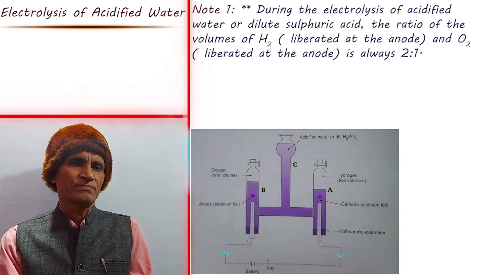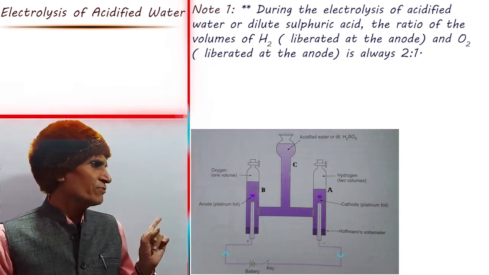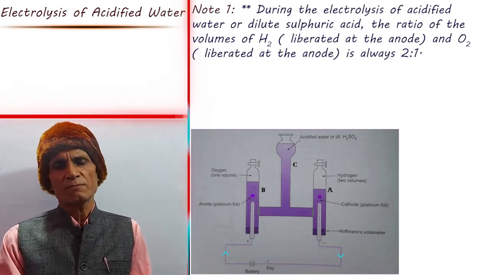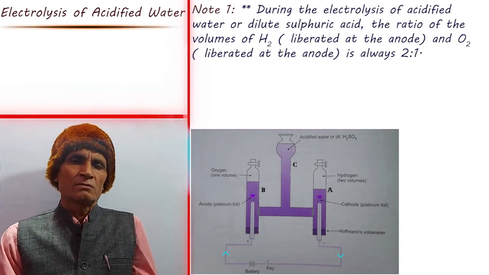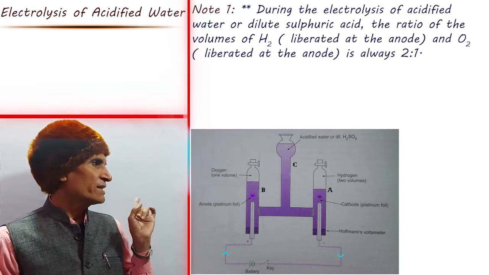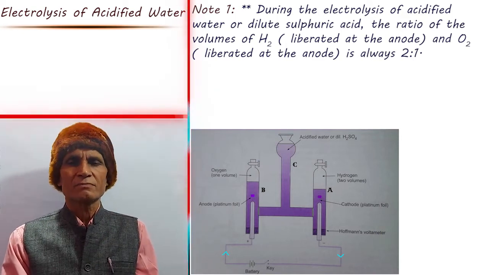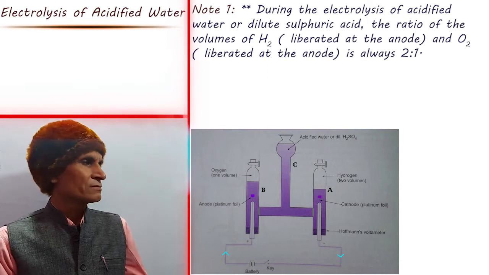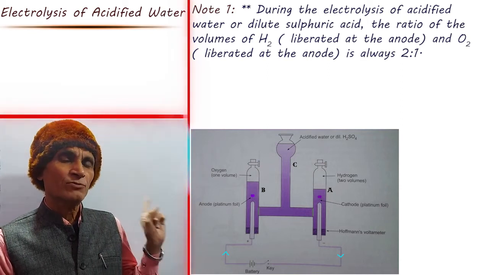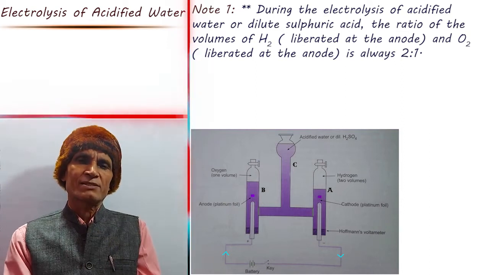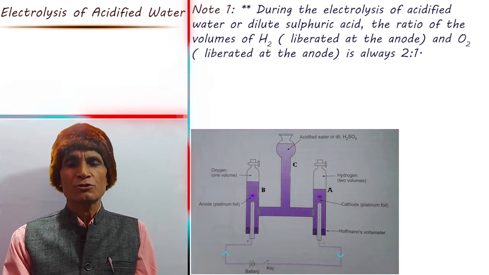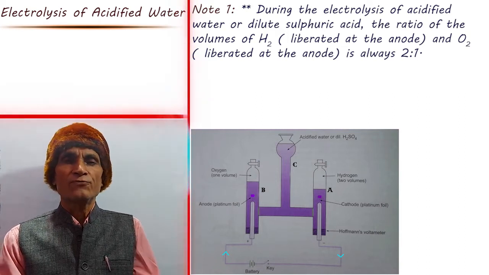Second point, remember, during the formation of one molecule of oxygen in the electrolysis of acidified water, the anode takes 4 electrons from 4 hydroxide ions. Therefore, the cathode must give 4 electrons to 4 hydrogen ions present at the cathode to form 4 hydrogen atoms.